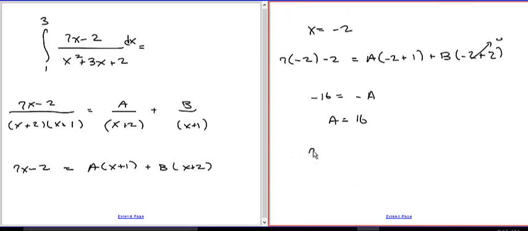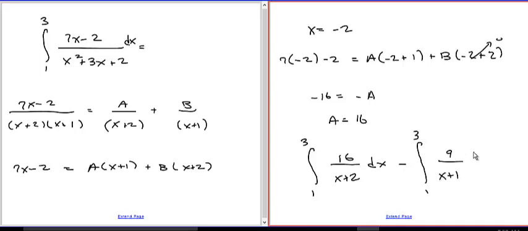So now what we're going to do is use that to rewrite the original integral. So we'll end up with 16 divided by x plus 2 dx. And I've got this negative sign from b. b is -9. So integrate from 1 to 3 of negative, I brought the negative out front, and then x plus 1 dx.